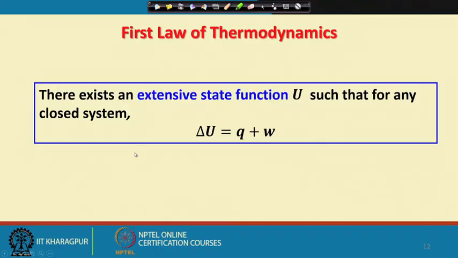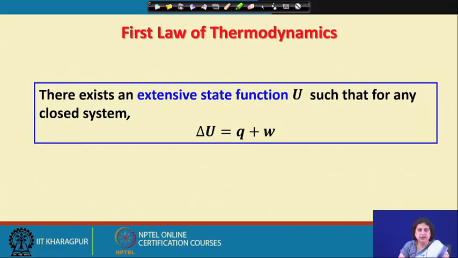Now, this brings us to the laws of thermodynamics. The laws of thermodynamics are quite well known to the students, that is what I will assume. So, I will give a quick look at what the first law of thermodynamics tells me. The first law of thermodynamics introduces to us an extensive state function, which I will represent as U and term as the internal energy.